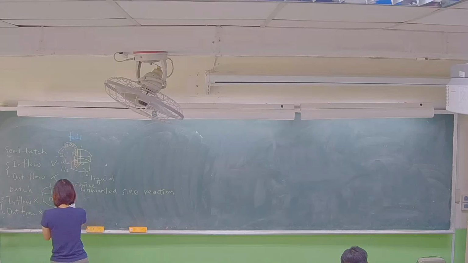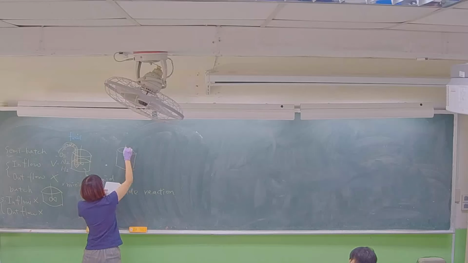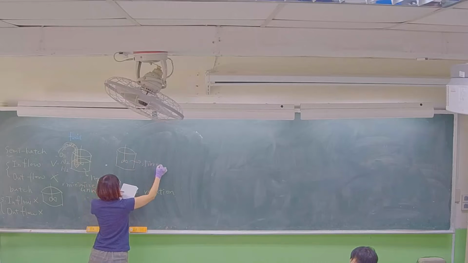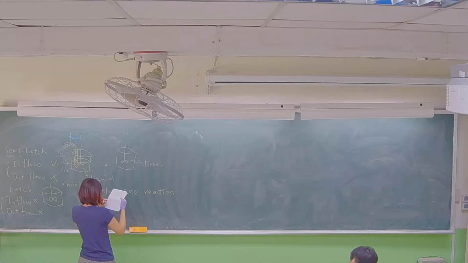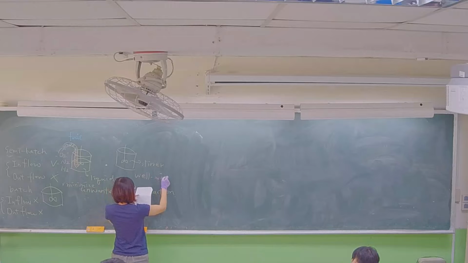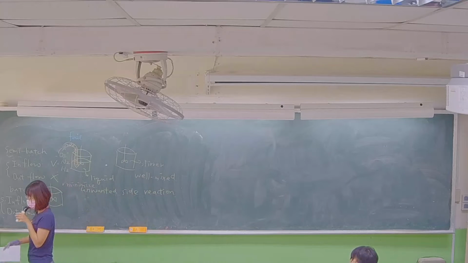So if you see this stirrer, it means it is well mixed. Okay? So for the well mixed solution, the temperature control is good. The disadvantage, the conversion is the smallest among flow reactors.